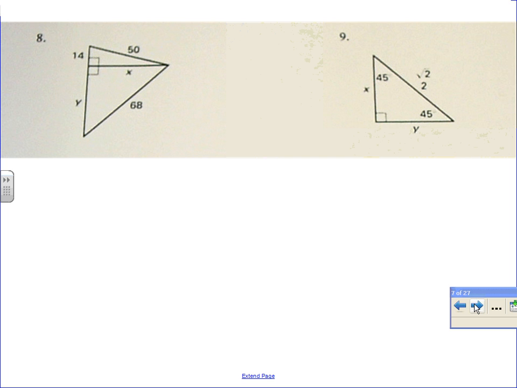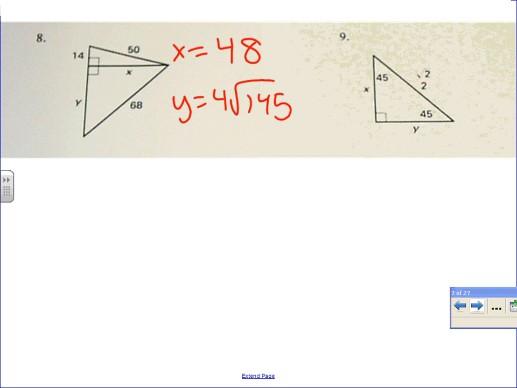Okay, number 8. Let me read through these, and if I made a mistake, let me know. I know that number 9 is a little bit confusing, so let me read through what I got, and then we'll talk about them. For number 8, x should be 48, and y is 4 square root of 145. Number 9, the leg, which is both x and y, is equal to 1/2.